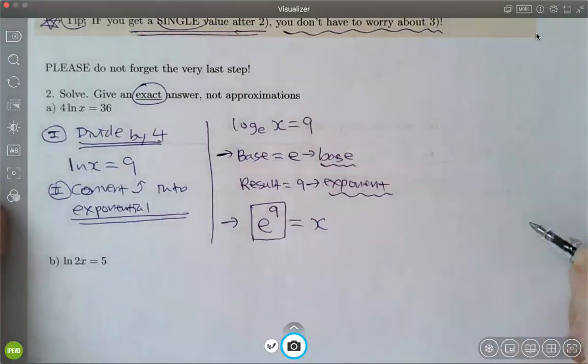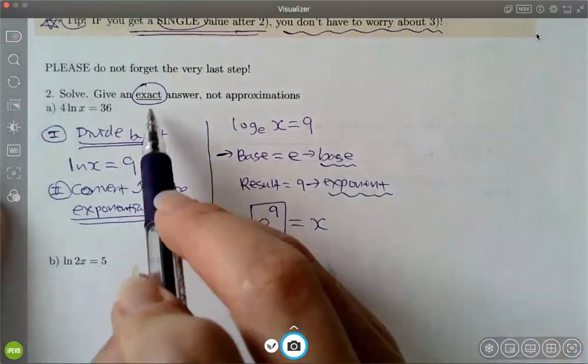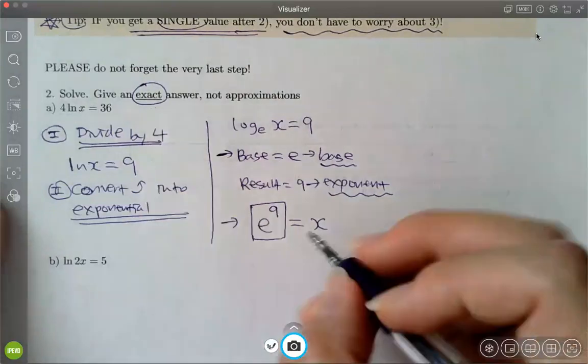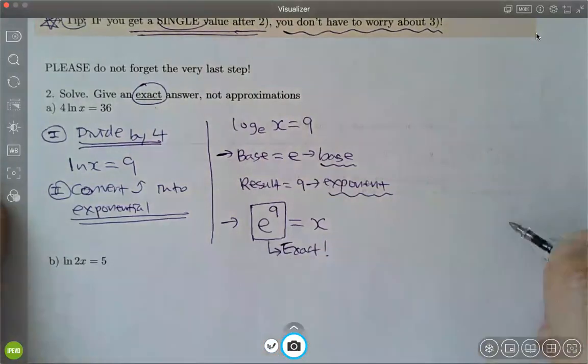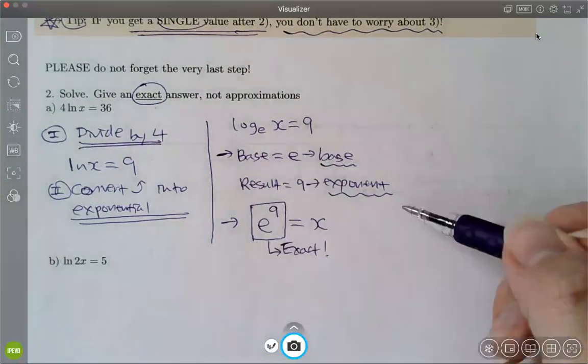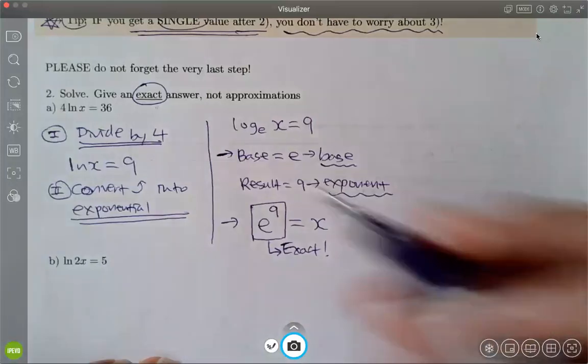Now, do we need to plug this into the calculator? No. And what's the reason? Exact answer. Okay, so this is the exact answer. If we plug this into the calculator, you'll see some decimal, but that's just approximations. Okay, so this is the exact answer. And in fact, that is the answer.